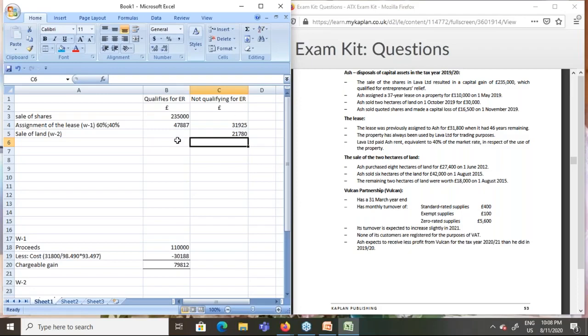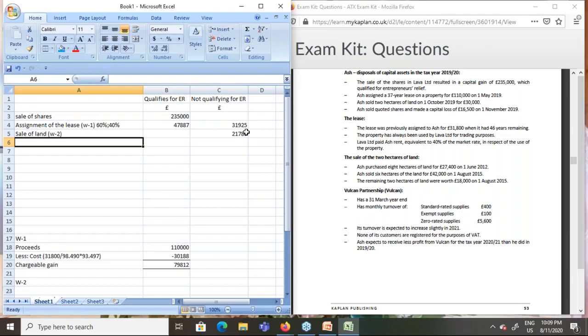But here we have no problem. This gain will anyway qualify for ER, so will be taxed at the rate of 10%, no matter the tax status of the individual. Therefore, if you have current year, brought forward losses, annual exempt amount, first use it against the gains not qualifying for ER.